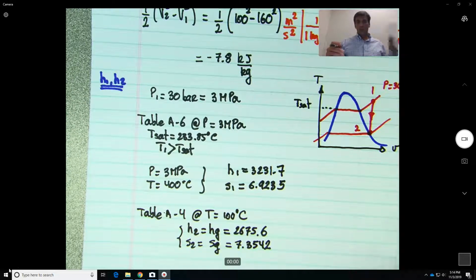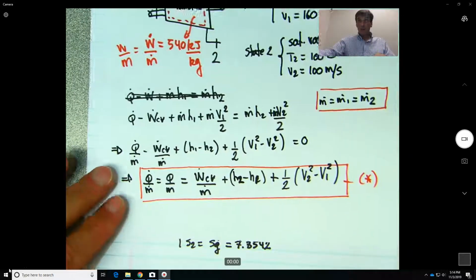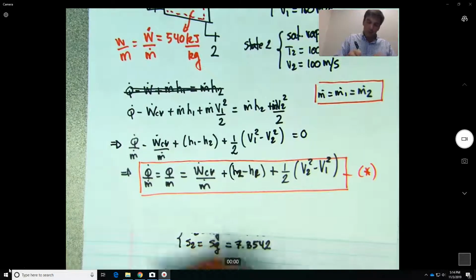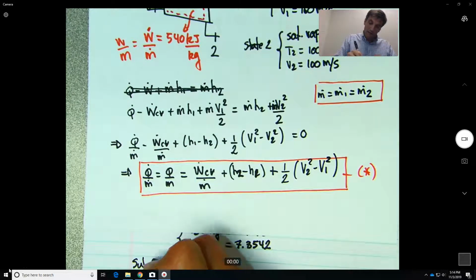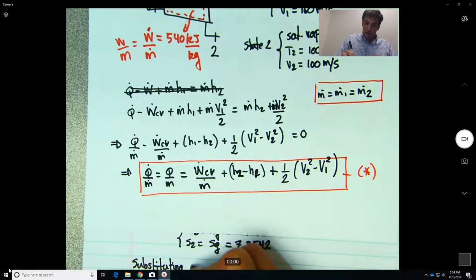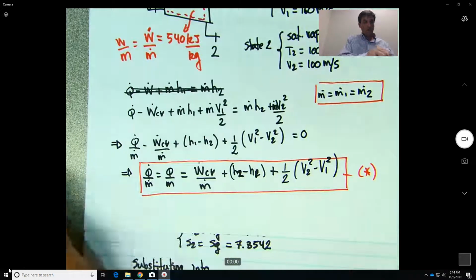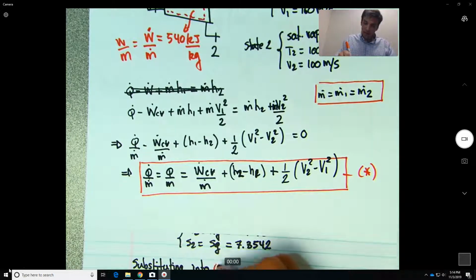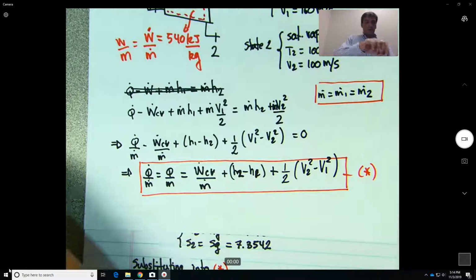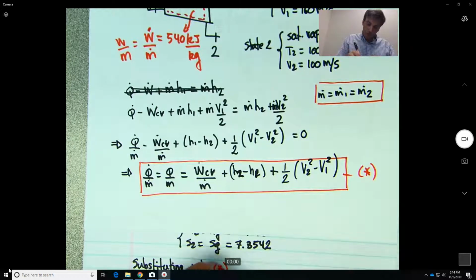All right, so we did a bunch of stuff here. Now let's just go back and say substituting into our star equation. Let's see what we have. We have Q dot over M will be equal to what?